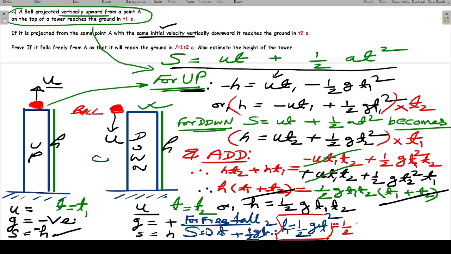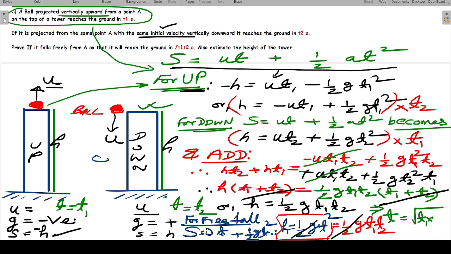You can see very clearly that 1 by 2 g is common in the LHS and even in the RHS. So cancel it out. 1 by 2 g will be cancelled and we are left with t square equal to t1 into t2, and taking the root on the LHS and RHS we are left with t equal to root over t1 t2.